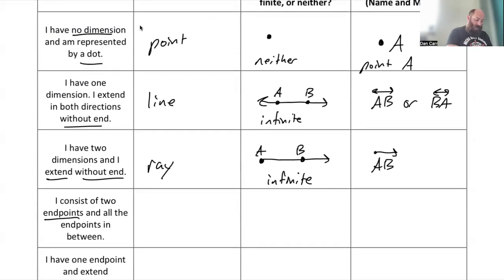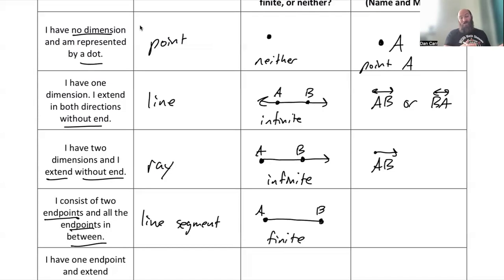I consist of 2 endpoints and all the points in between. This is a line segment. If I have 2 endpoints, I call that AB. This is going to be finite. It has a beginning and an end to it.